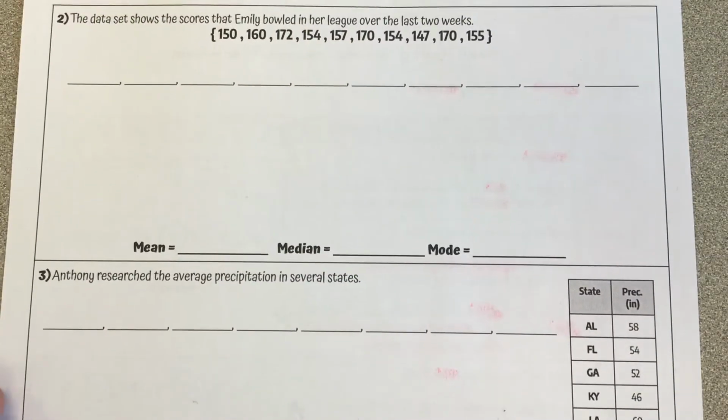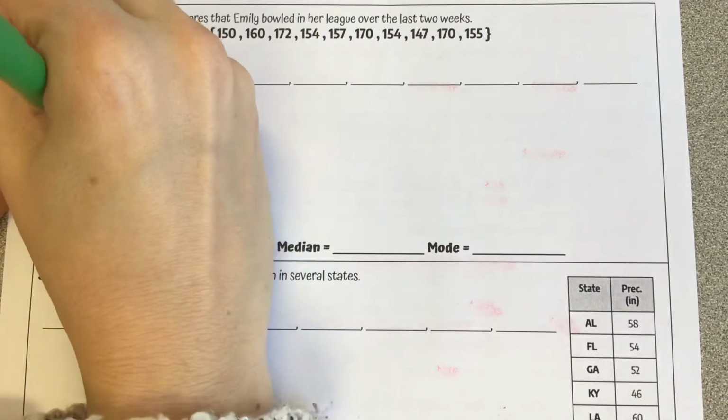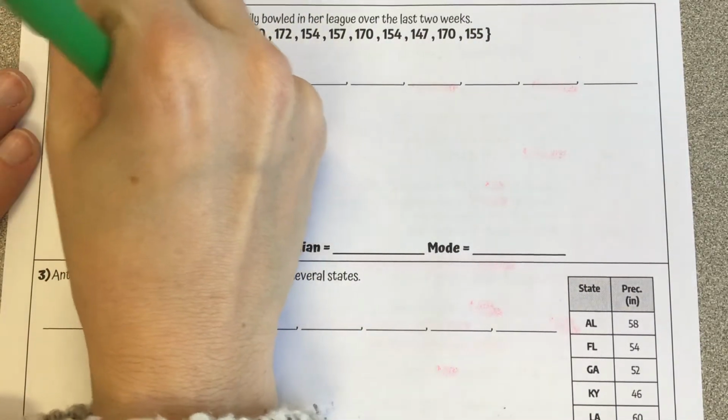All right, number 2. The data set shows the scores that Emily bowled in her league over the last 2 weeks. So let's go ahead and find our mean first. So first thing I'm going to do is I'm going to add these values up and divide.